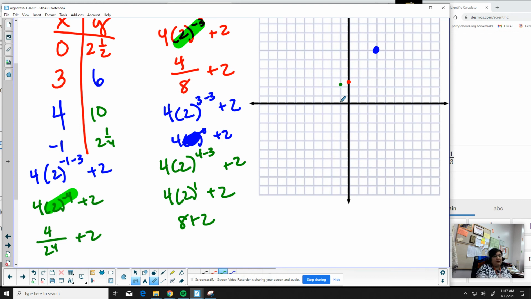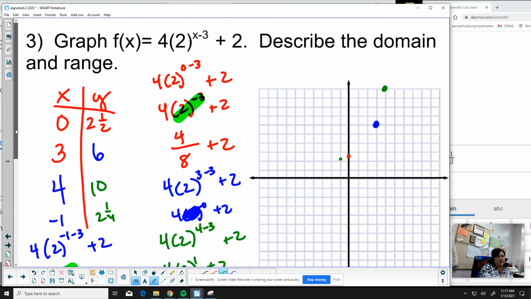And if you kept plotting points, because of this plus 2 back here, the exponential function with a curve would get closer and closer to 2, but it would never touch 2. Okay, because of this plus 2 on the back part of it. So if I draw the line, I don't want it to touch the 2.